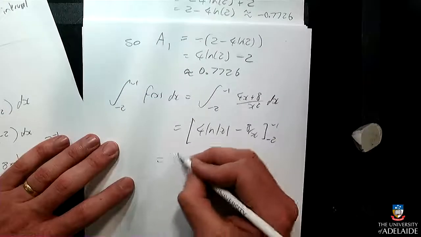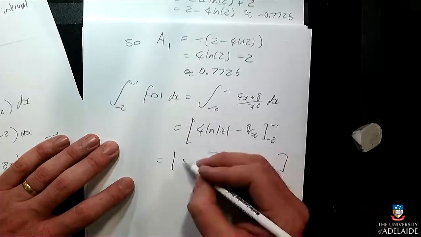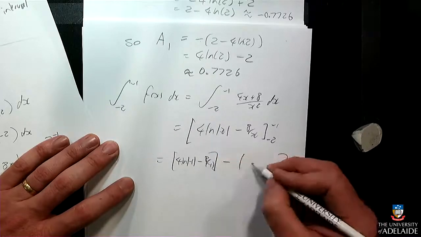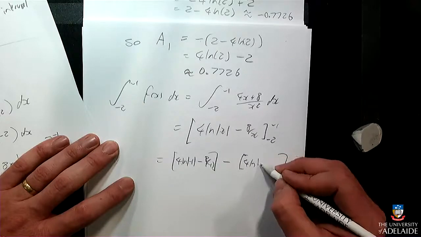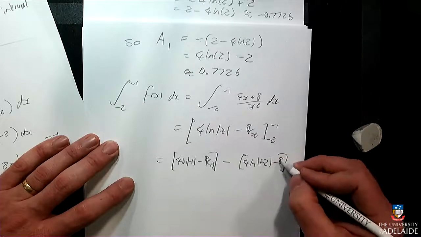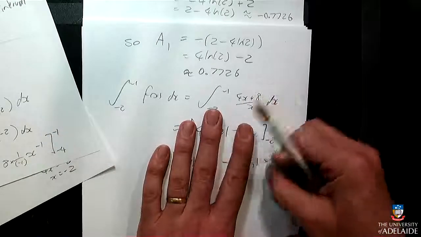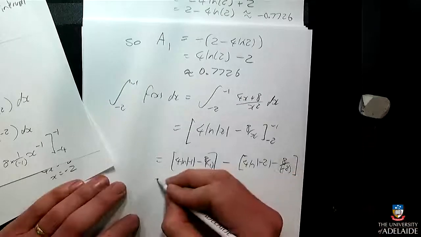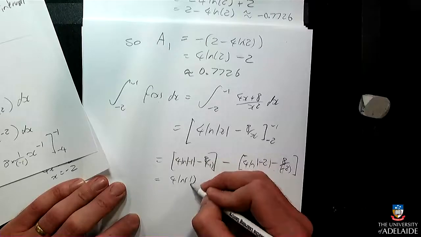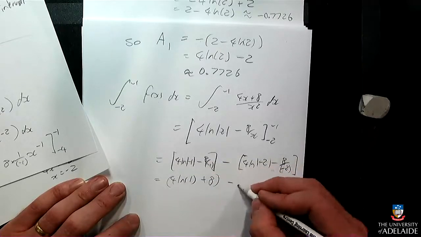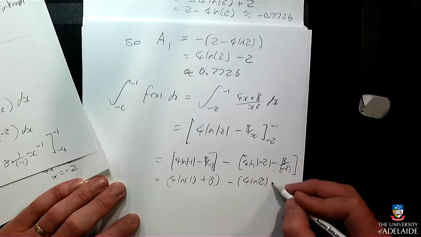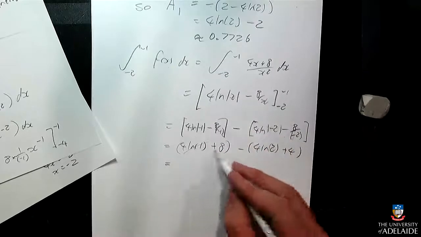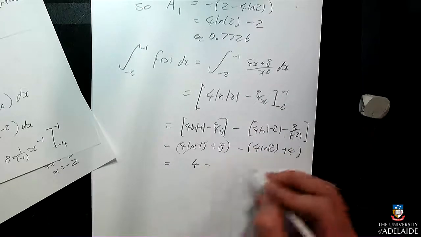And so we get the thing with minus 1 and the thing with minus 2. 4 ln absolute value of minus 1 minus 8 over minus 1, minus 4 ln absolute value of minus 2 minus 8 over minus 2. Didn't give myself enough space, did I? And so that's 4 ln 1 plus 8 minus 4 ln 2 plus 4. And so I get 4 ln 1 is 0, 8 minus 4 is 4, and that's 4 minus 4 ln 2.